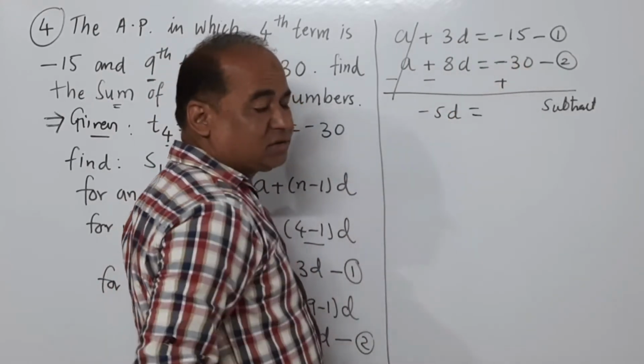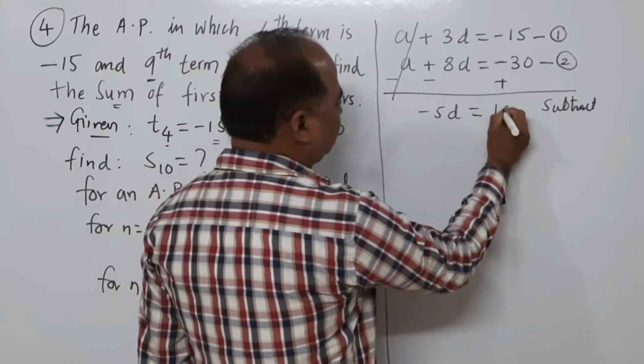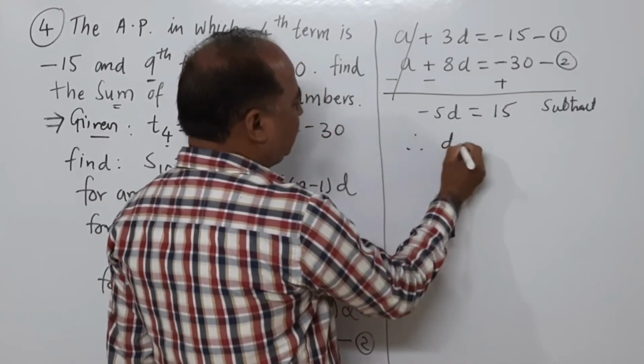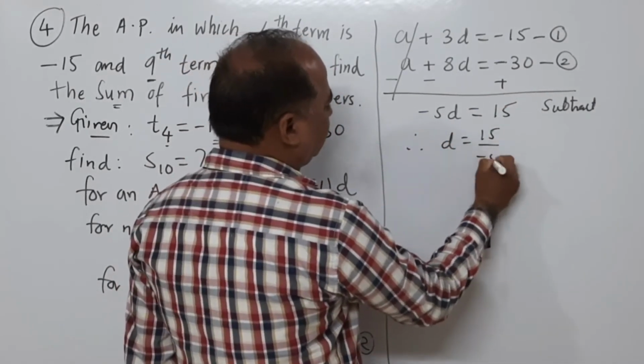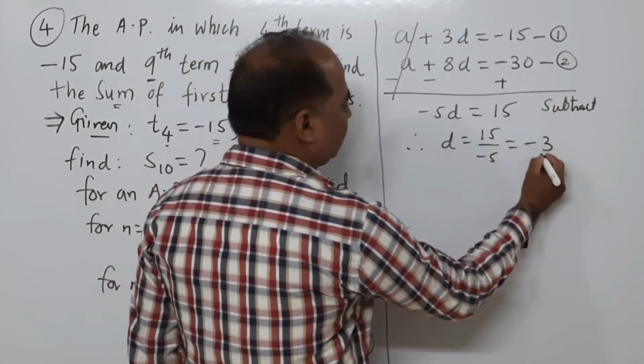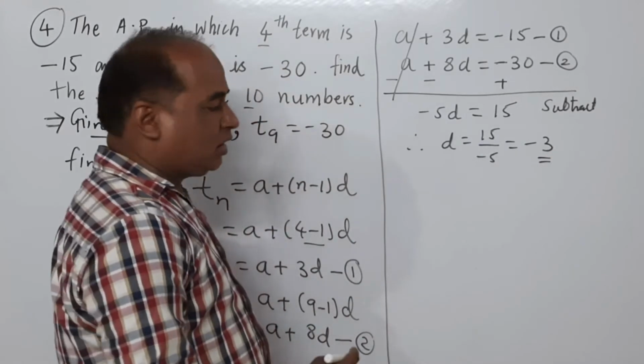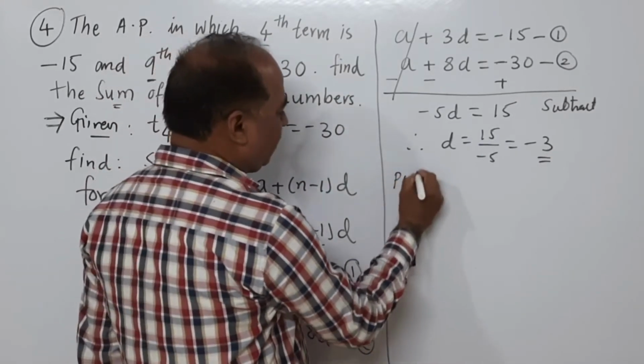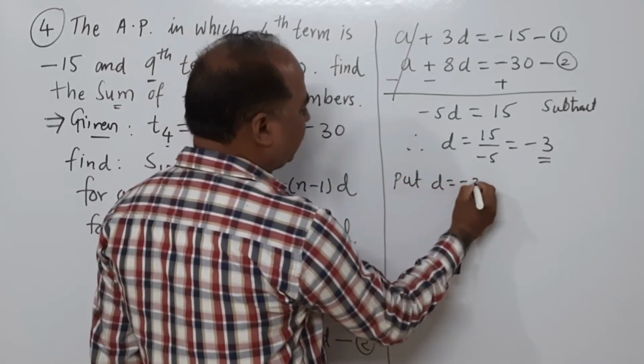Here 30 minus 15 is equal to 15. Therefore, D is equal to 15 upon minus 5, which is equal to minus 3. So the value of D is minus 3. Now put D is equal to minus 3.